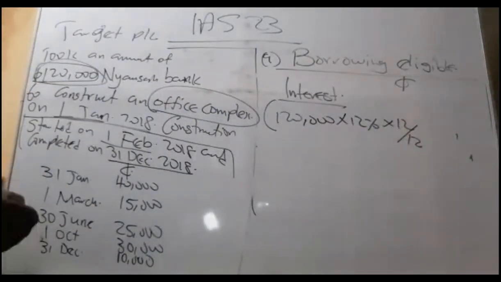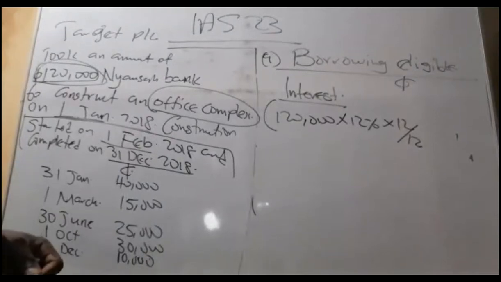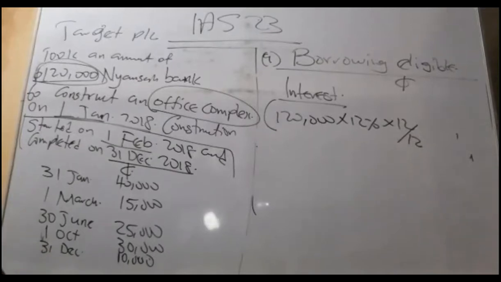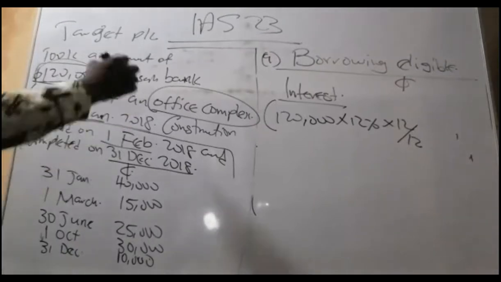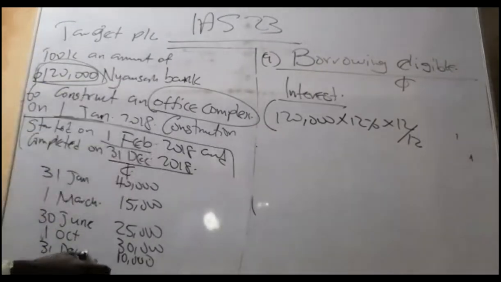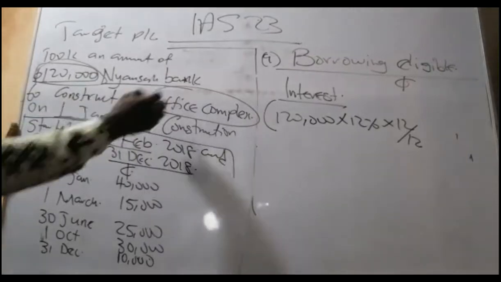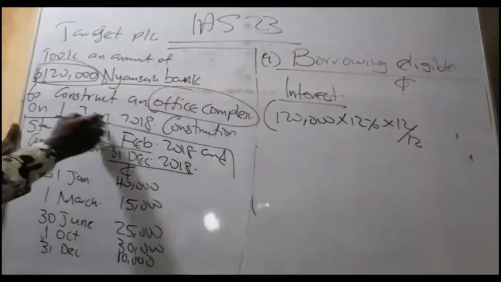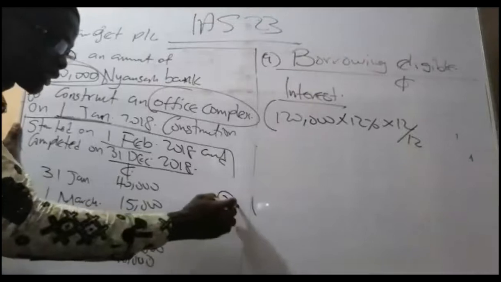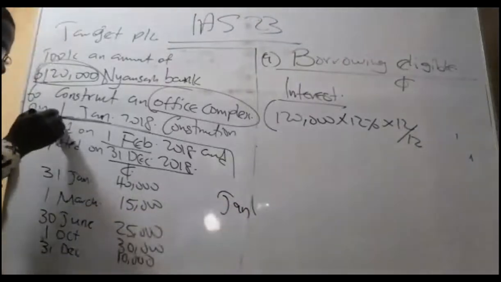So why will it be a full year? Will it be a full year? Good. 11 months. I like that. Now, even though they took the loan from the bank on 1st January, January will be part.